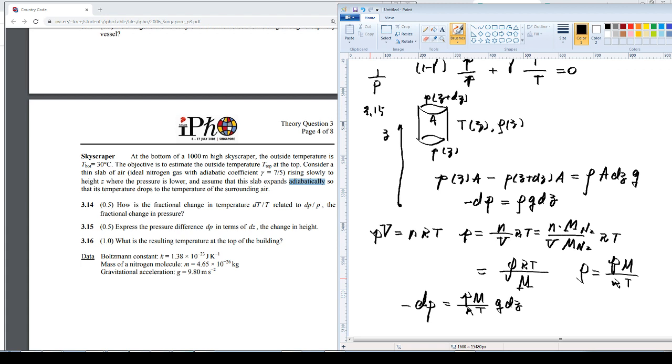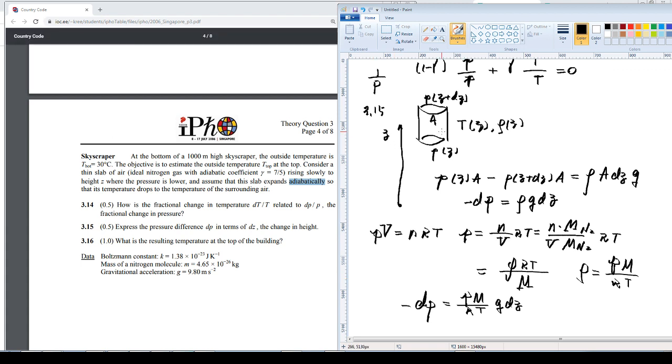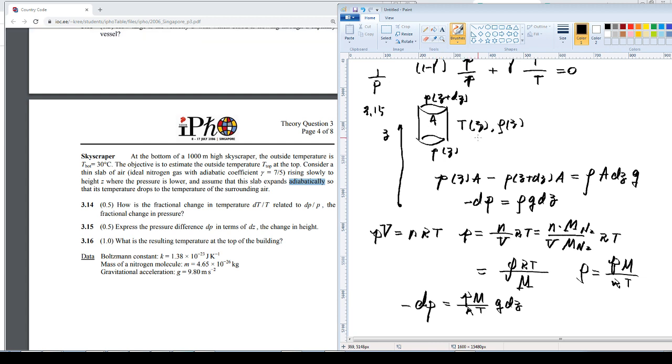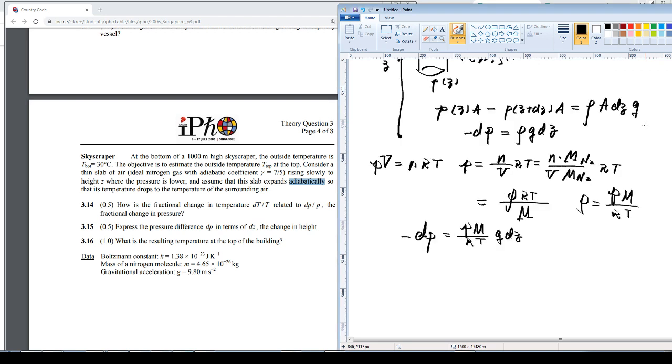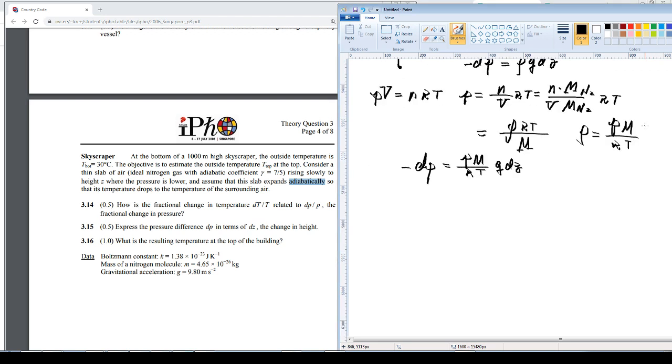So far, so good? So how do we find the temperature at the very top? Now we have both relationships. That's exactly right.